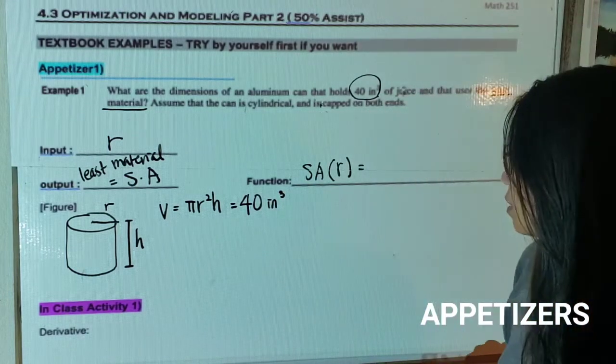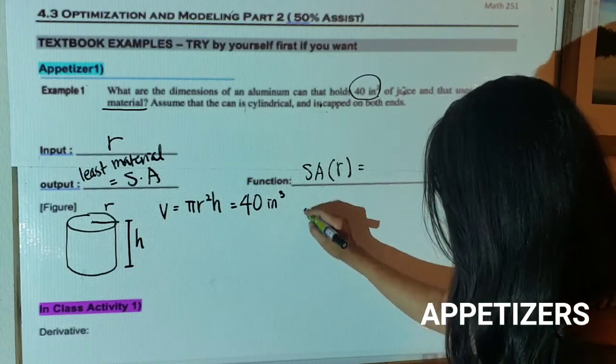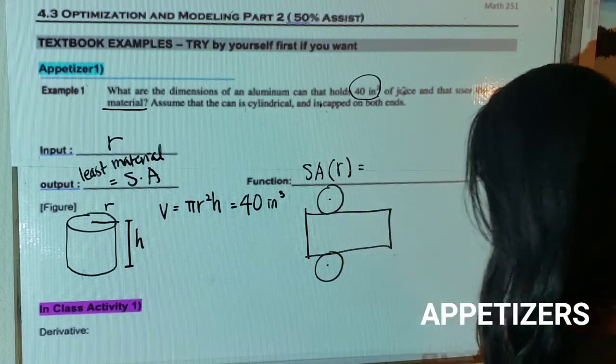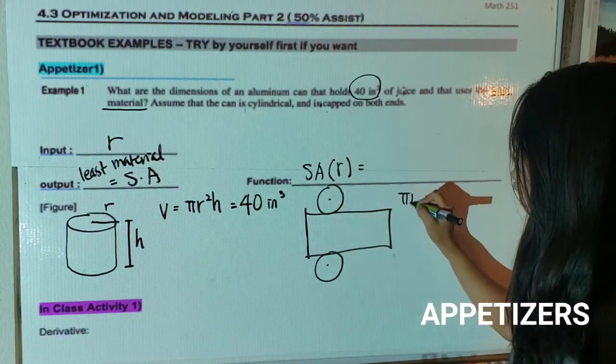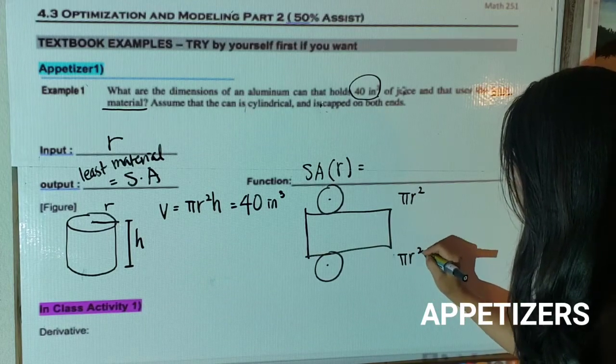Now let's study our surface area. It can be broken into top, bottom, and the side. The top is going to be pi R squared as area, and the bottom is going to be the same, pi R squared.